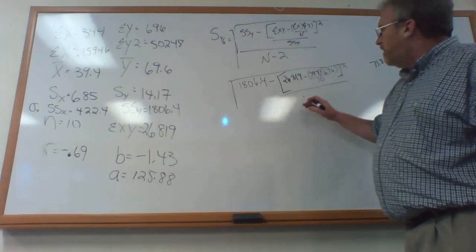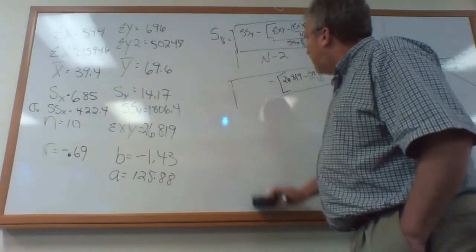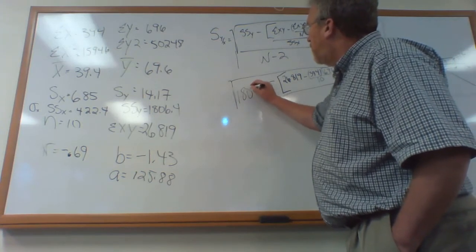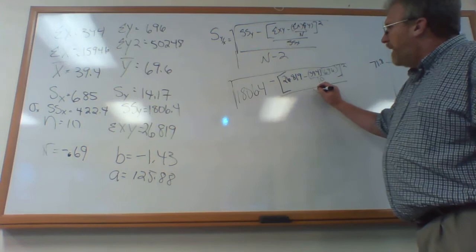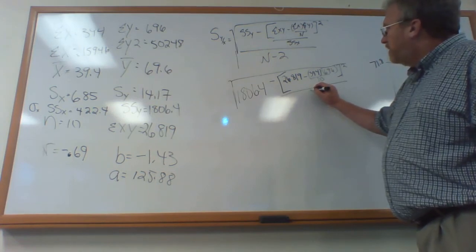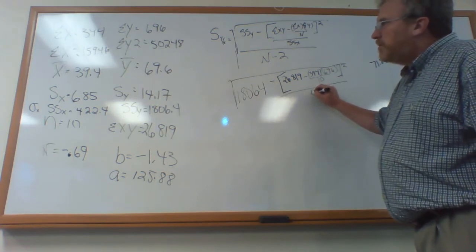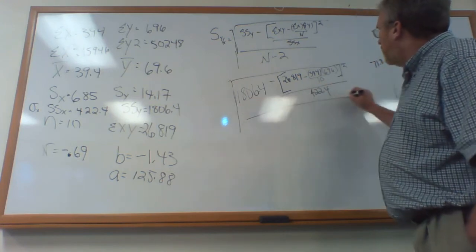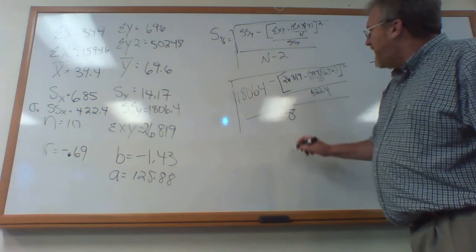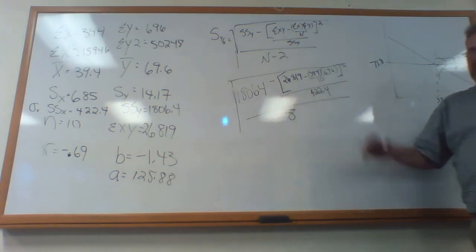Divide this section, so maybe I should write this bigger. This is divided by sum of squares x, 422.4. Divide all of this by 8 and square root it, and I will get my answer.